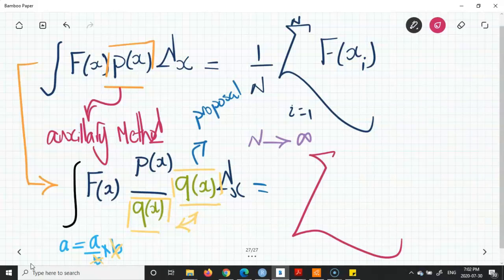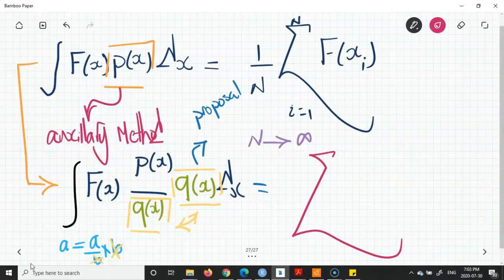Look at this part. Initially we evaluated the function f(x) by taking samples from p(x), but now, instead of drawing samples from p, we draw samples from q.